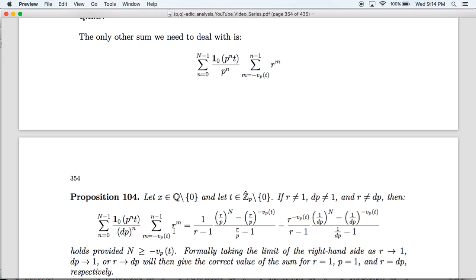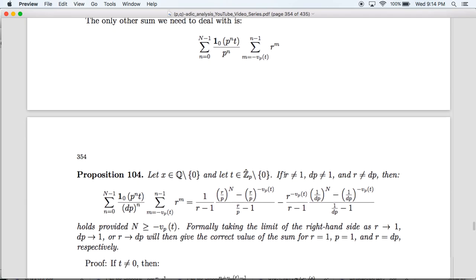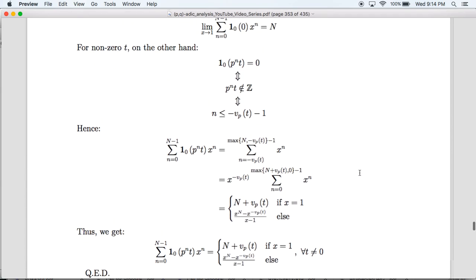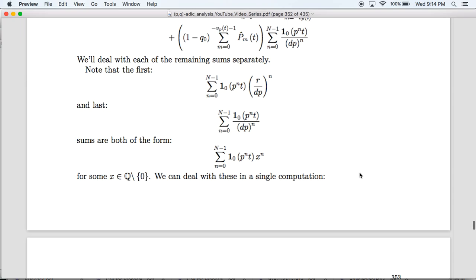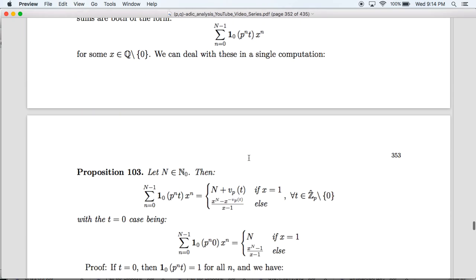This computation gets messy, but there's an easy way to deal with it for all the different cases. This is the nicest case, I should say, because r is not equal to 1, dp is not equal to 1, and r is not equal to dp. That's so that we can guarantee that this thing won't be degenerate and this thing won't be degenerate as well.